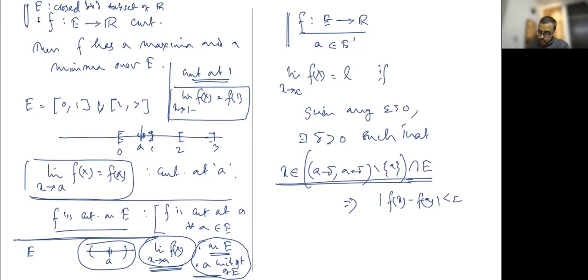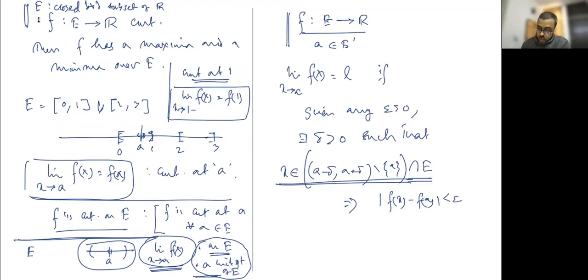Which translates to, when such sets are involved, like the set in your example, it would boil down to a left limit somewhere, a right limit somewhere else. But the situation can be more general, and there also you can talk about continuity, limit, etc. Okay, sir.